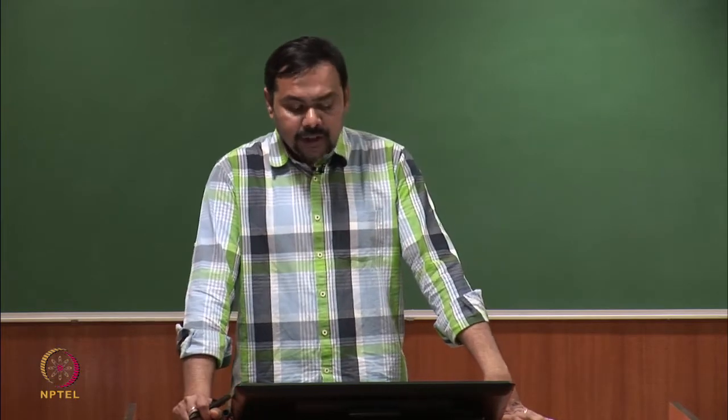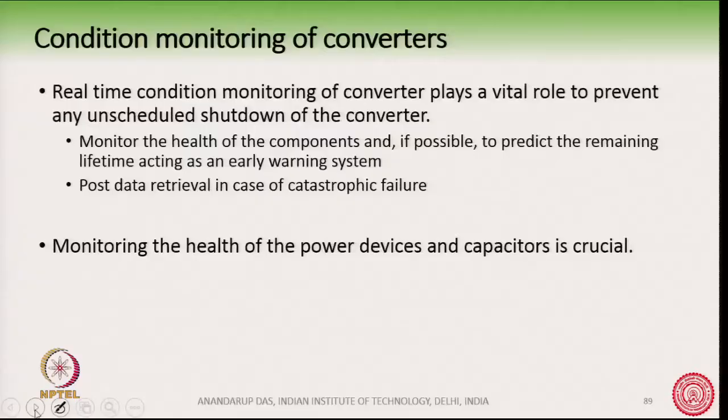Monitoring the health of the converter and, if possible, predicting the remaining lifetime is very useful for the system developers and for the consumer, and so condition monitoring is used in many cases.